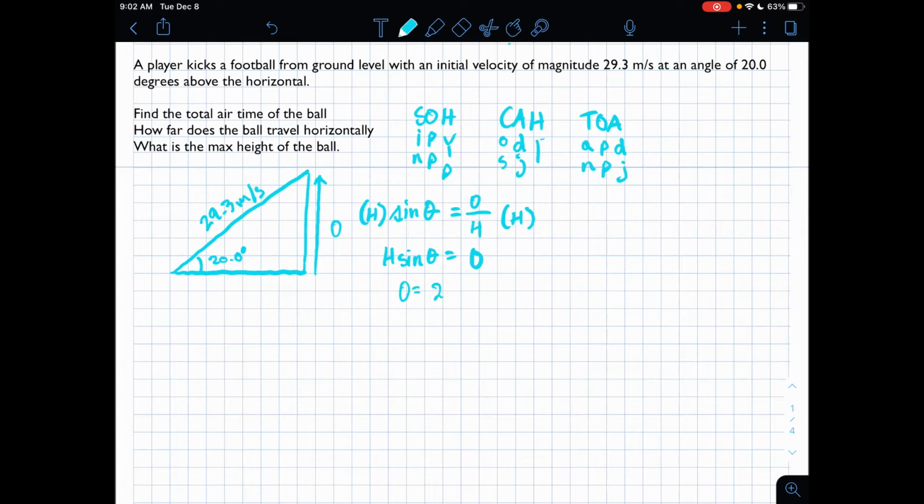O is equal to 29.3 sine 20.0 degrees. Actually, instead of calling this just O, I think it would be best to call this Vy, because it is the vertical velocity.